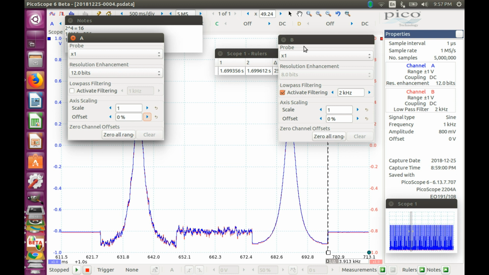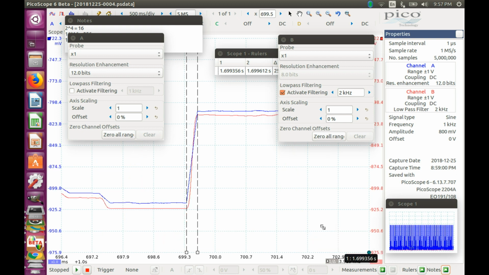So let's zoom in on that region that is a step function in the original waveform, and what we see is very similar pictures. We have the blue line that goes straight up from one point to another, and the red line that is filtered at 2 kHz is almost the same, but it is smooth.